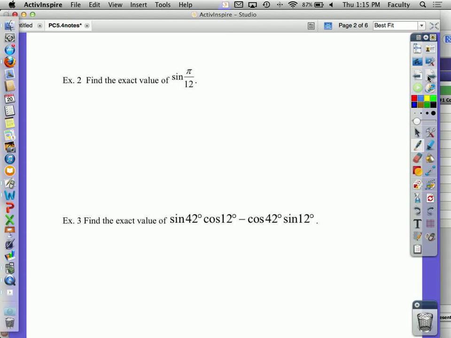Can anybody think of 2 unit circle values that subtract, John? Pi over 3 minus pi over 4. Good job. That's pi over 3 minus pi over 4.